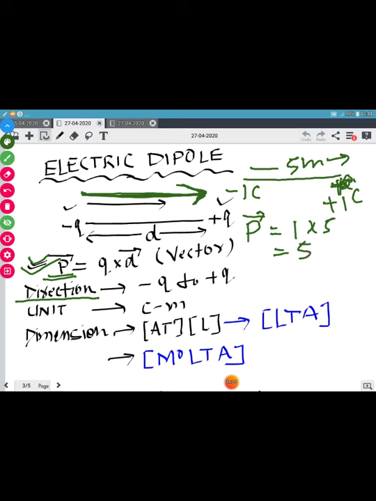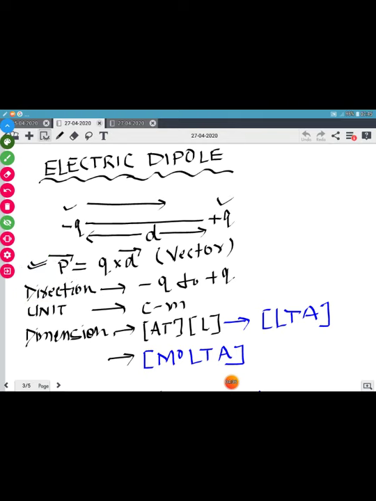And what about the direction? It is from minus 1 coulomb to plus 1 coulomb, so it is toward the positive x-axis, that is we can write 5i. So the electric dipole moment is 5i in this particular case.